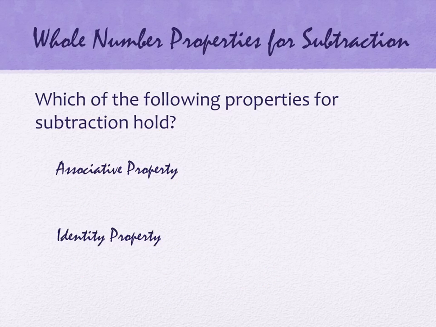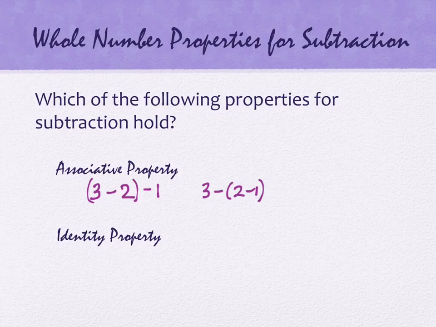How about associative? This one you might actually have to write one down to see whether it works or not. So let's give it a try. How about (3 minus 2) minus 1 compared to 3 minus (2 minus 1)? I've got the subtraction in there twice.